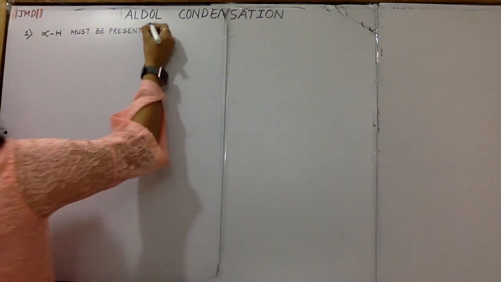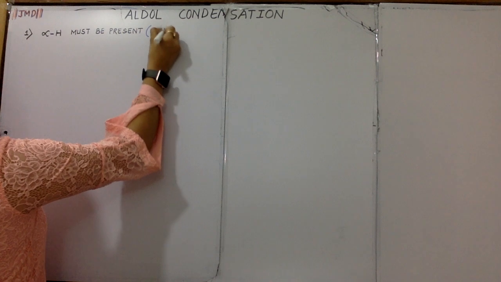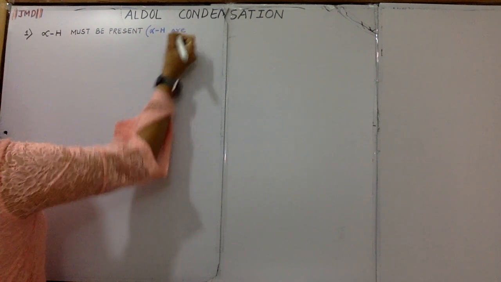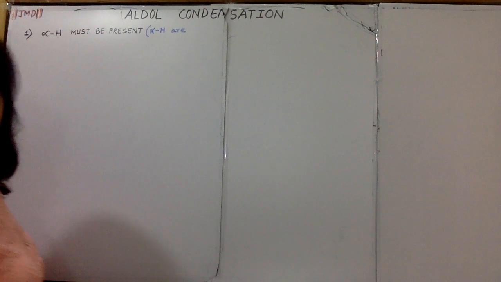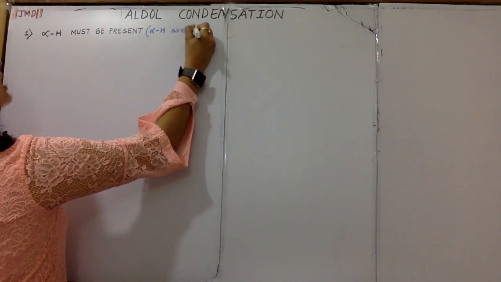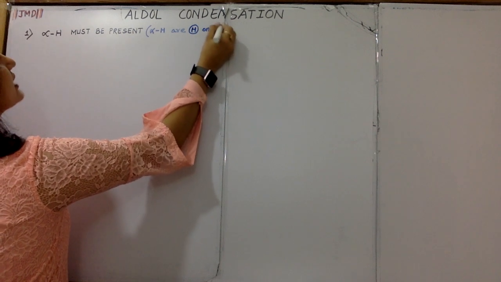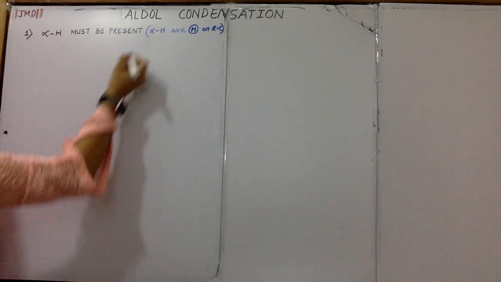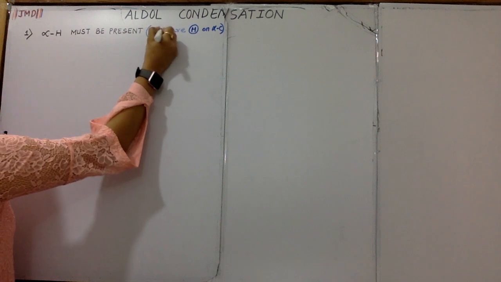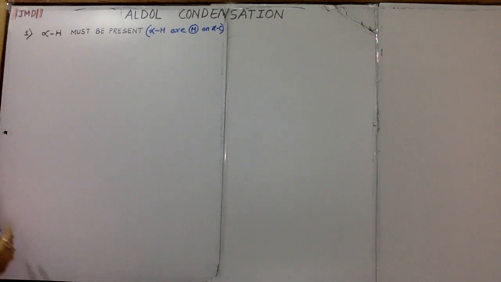What's an alpha hydrogen? I hope you all know. Alpha H are the H on alpha carbon. And I think everybody knows what's an alpha carbon.